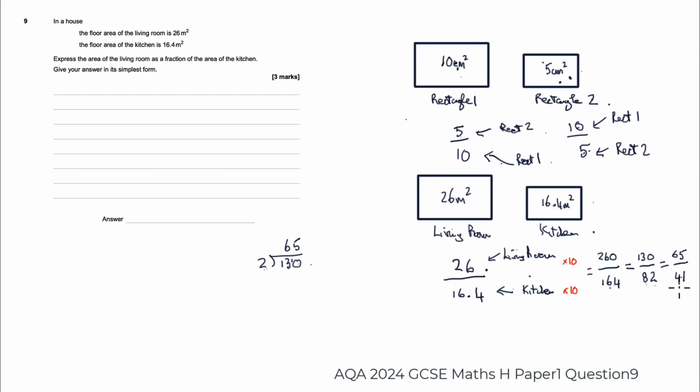So it's 65 over 41, and this fellow at the bottom, this 41, is a prime number. There are no other factors in that other than 1 and itself, 41. So there is no more cancelling down. So 65 over 41 would be perfectly acceptable as an answer in this question. That's the fraction.